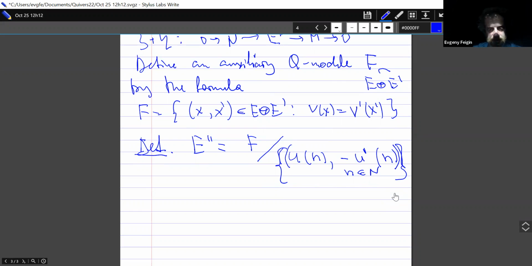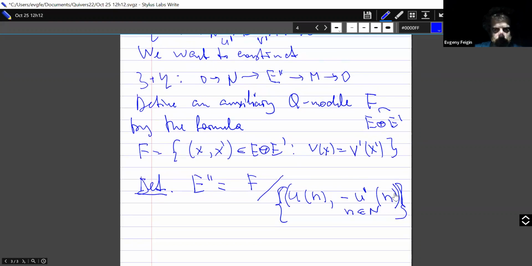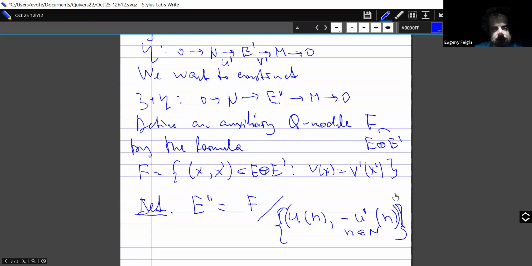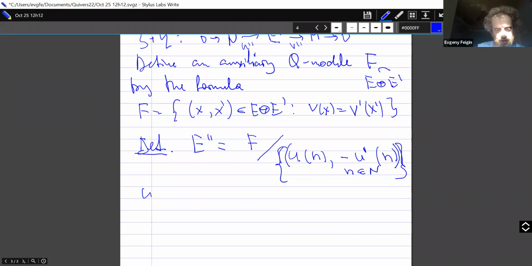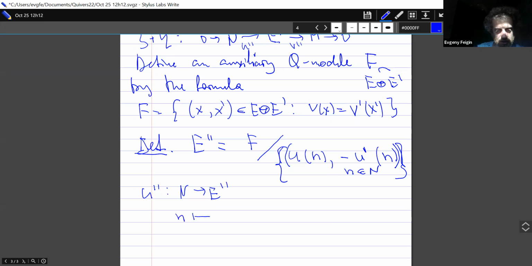However, we need mappings. So maybe I use another notation here. So this is u double prime and v double prime. So u double prime from n to E double prime is defined by the following formula. So n is mapped to u of n and u prime of n.